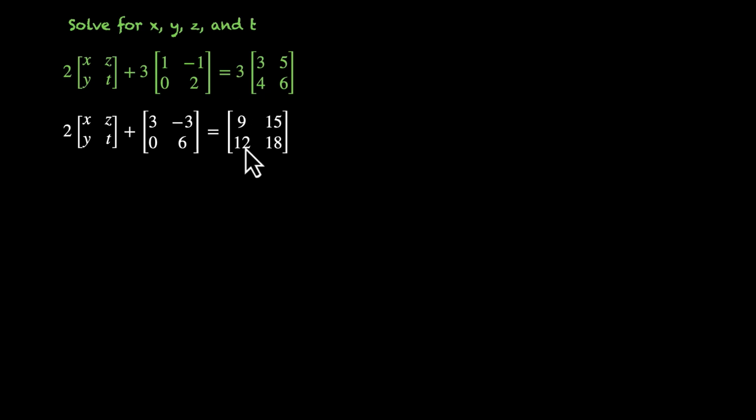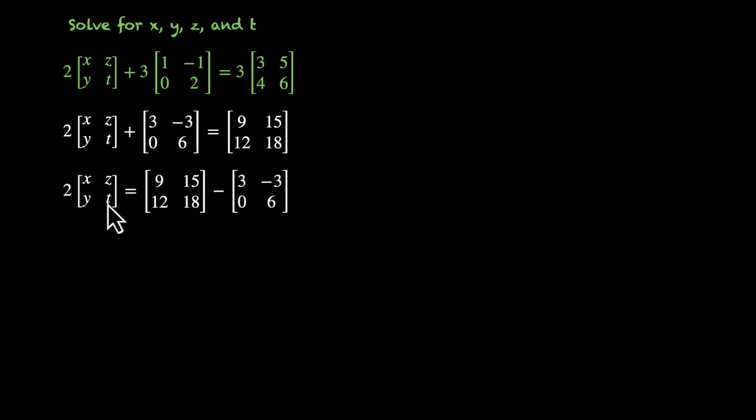Now let's subtract this matrix from this one. So we'll have 2 times this matrix, let's keep this as is, equals [9 15; 12 18] minus [3 -3; 0 6]. So let's subtract the corresponding elements. We'll get 9 minus 3 as 6, 15 minus 3, that's 18, 12 minus 0 is 12, 18 minus 6 is 12. Now let's divide both sides by 2.